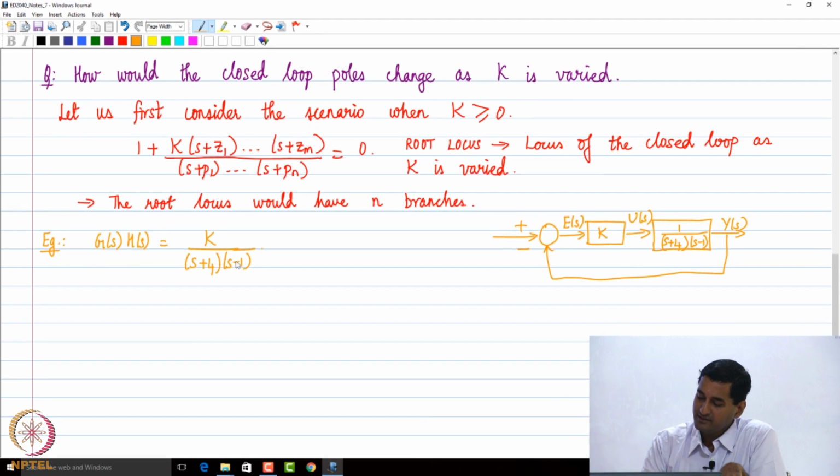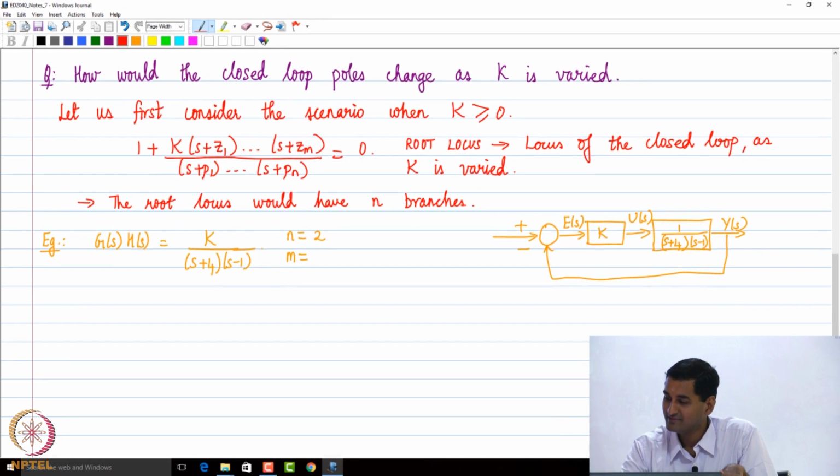Now, if I look at the system, what do you think is the value of n? It is 2. What is the value of m? It is 0. Correct, the root locus is the locus of the closed loop poles, sorry, I missed the word poles.